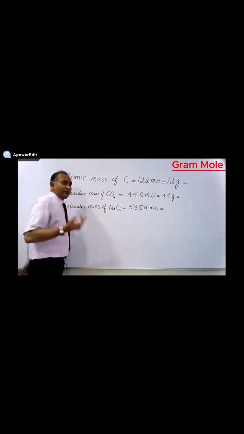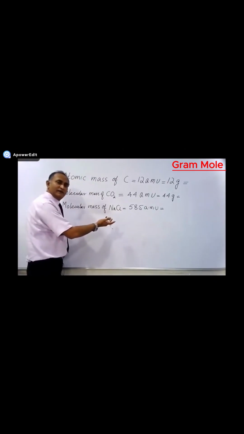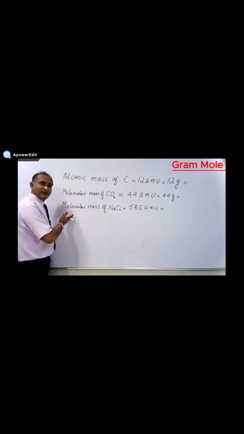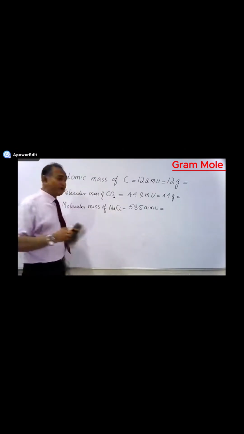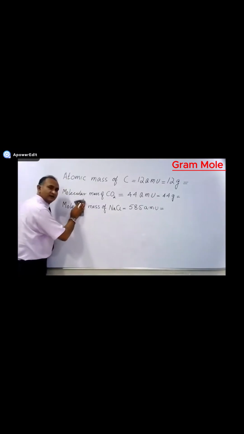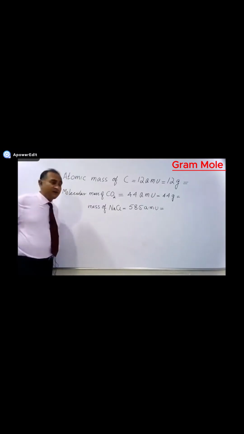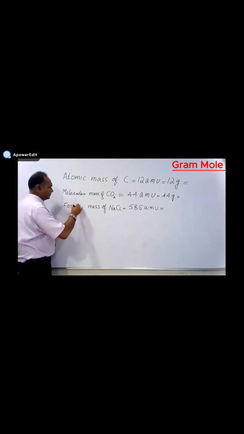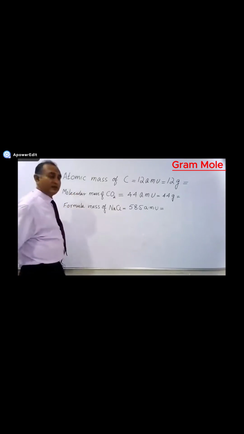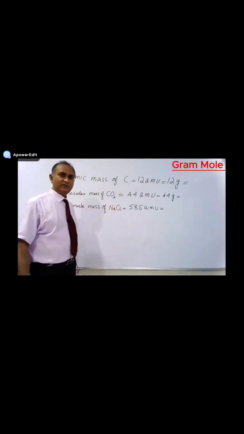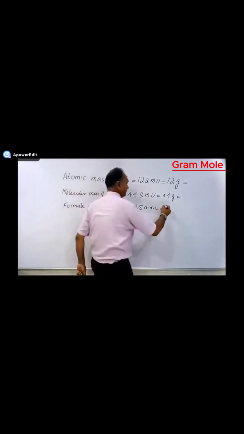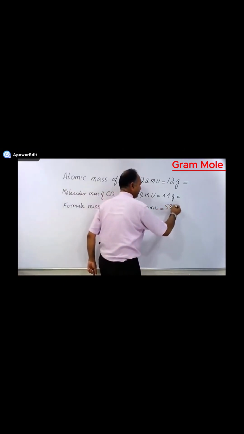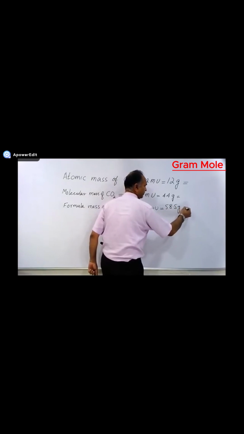So what should I write here instead of molecular mass? Correct. Formula mass. Now it's correct. All right. 58.5 gram.